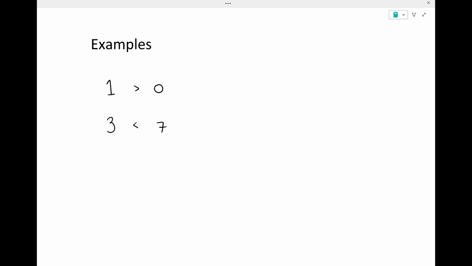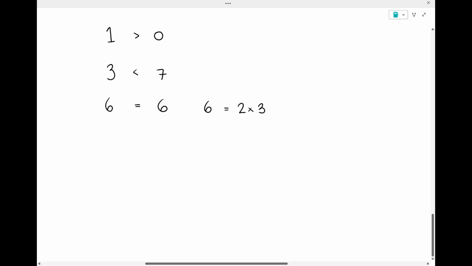A more obvious one would be 6 is equal to 6. To make it more complicated, we could say 6 is equal to 2 times 3. Later on, we can start introducing algebra, and we start to see quite complicated equations take place and form. We could also say that 3 is not equal to 4.